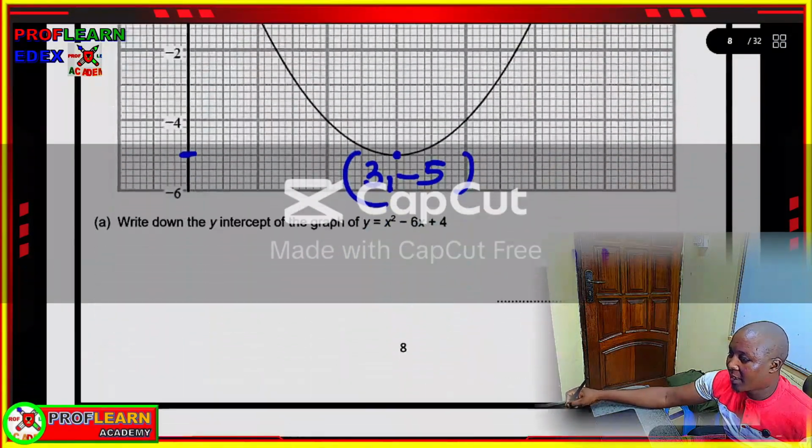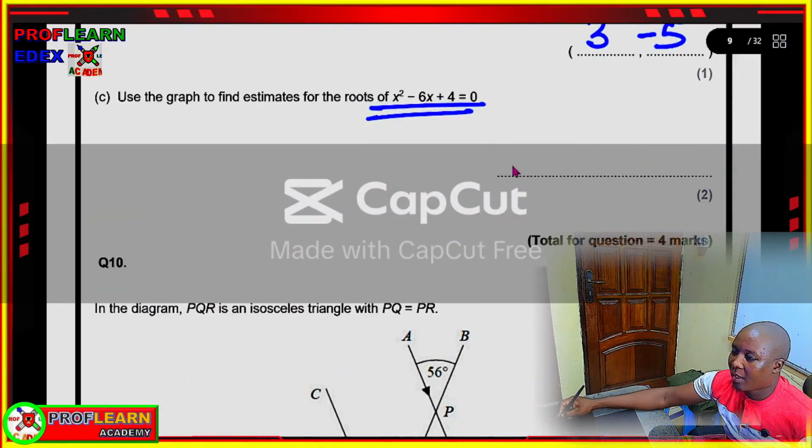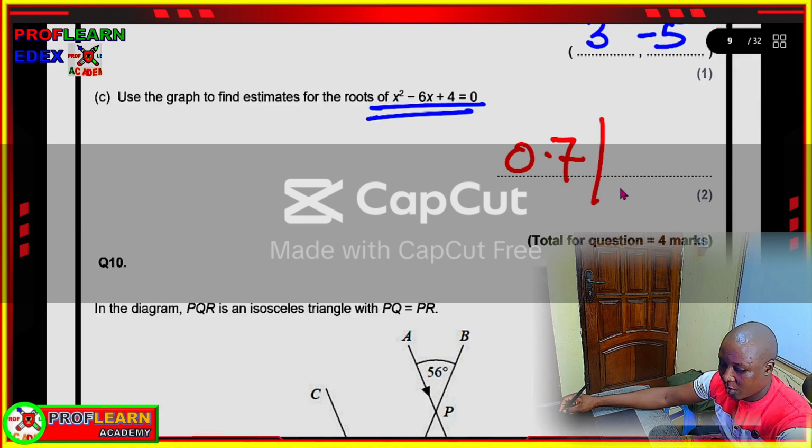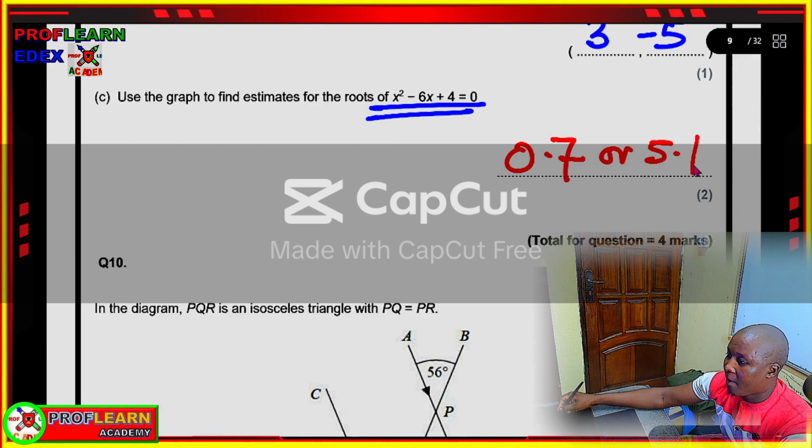This question can be asked in the higher paper and also in the foundation paper, so you can get those kinds of questions asked there.